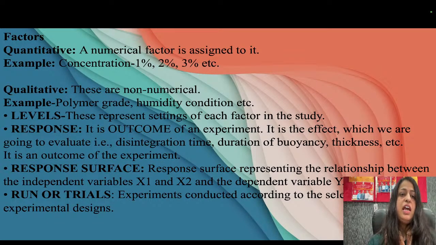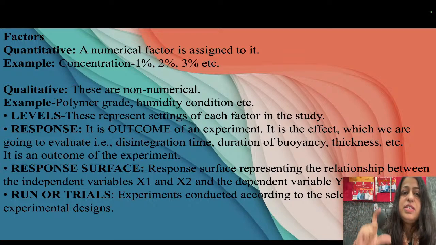When I am taking it at the medium level, any response is there, it should be definitely better than the lowest level. And if I keep it at the highest level, then what type of response will come? So at 3 levels I can check the effect of the independent variable on the dependent one.